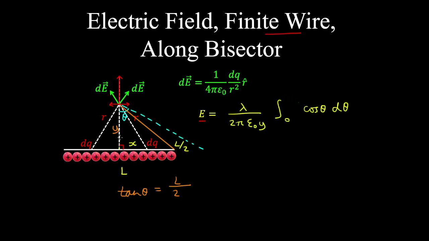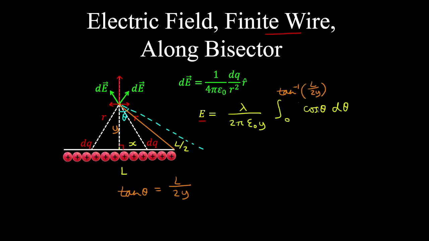So the distance from the origin to the point where we want to find the electric field along that bisector. So taking the arctan, we obtain theta is the arctan of L on 2y.